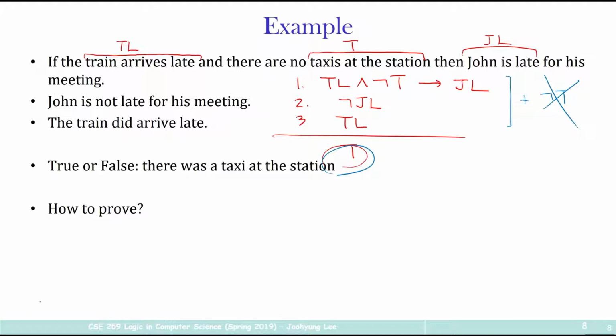Even without using these symbols, you basically say, what happens if there was no taxi at the station? From the condition that the train arrived late, and also there's no taxi, I can see from the first sentence John should be late for his meeting, but I also know that John is not late for the meeting. That cannot be true. That's what you do in your reasoning.